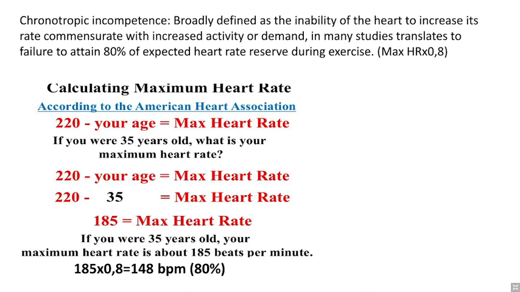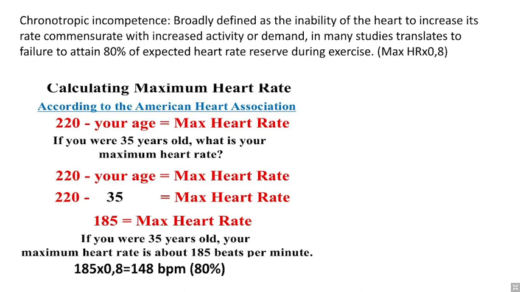How can we calculate maximum heart rate? It's not only for sick patient, and for healthy patient. You can calculate your maximum heart rate: 220 minus age. If your age, for example, is 20 years old, your maximum heart rate is 200.